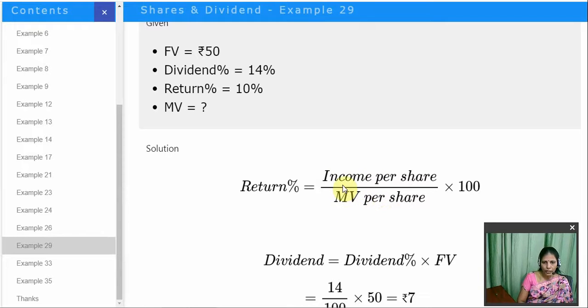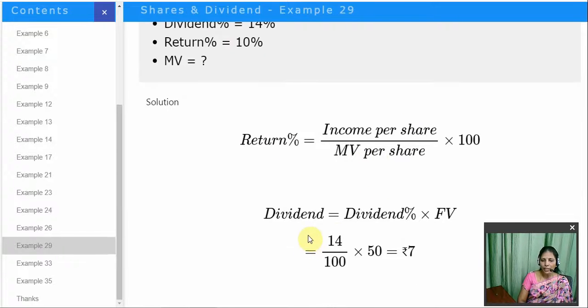Right? Now here income per share we can find out from the given data. How to find the income per share? Here the dividend percentage is given and the face value is given. So using these two data we can find the income, that is the dividend per share. Then market value per share is the unknown data which we need to find out. And the return percentage is already given, we can substitute. So income per share we need to find out from the given data.